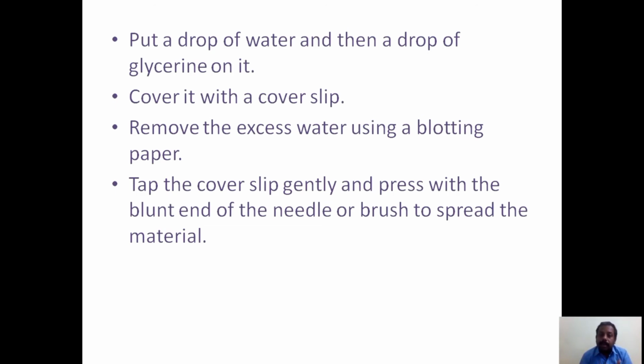How will you do that? First of all, you take the microscopic slide with the small cover slip on the root tip which we have taken on the slide. Slightly press against it and remove the excess water with the help of blotting paper. It will also allow the root tip material to be spread.